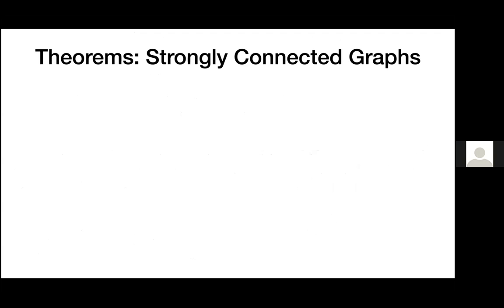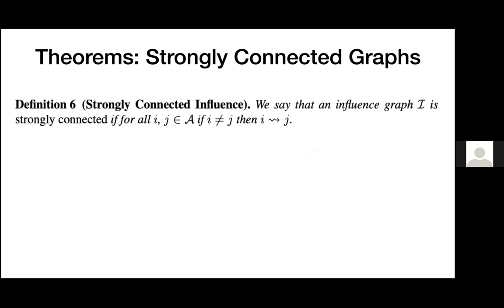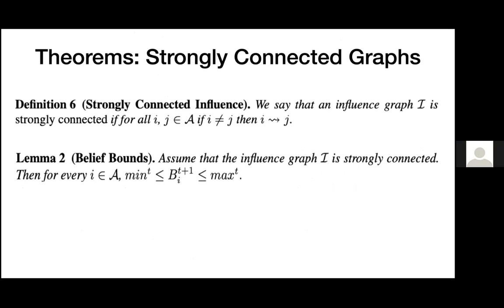so, strongly connected graphs. For those who do not know much about graph theory, we say that an influence graph is called strongly connected if between every two agents there is a path from one to the other. This particular lemma is very interesting because it tells me a lot about strongly connected graphs.